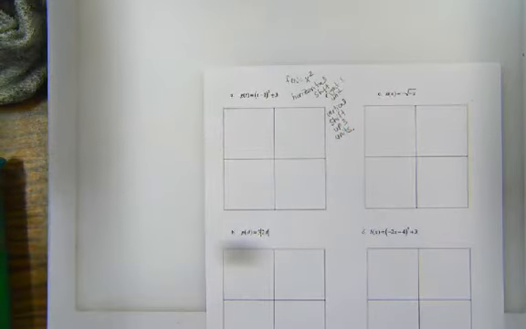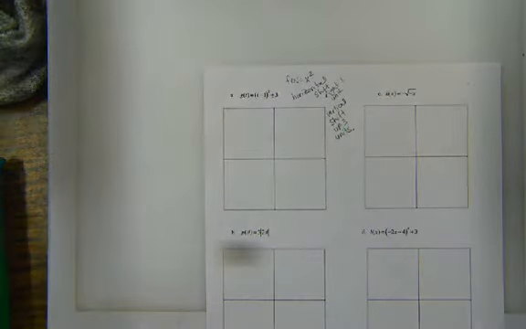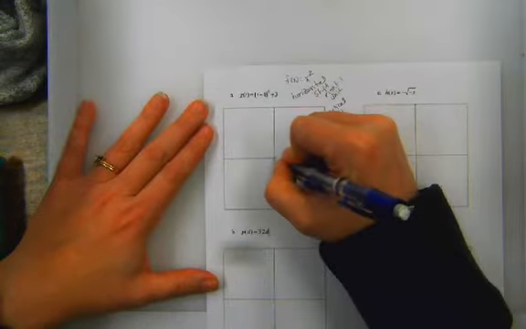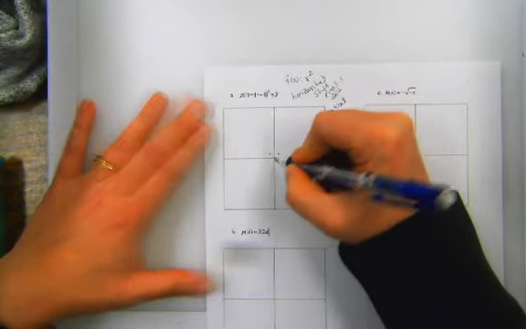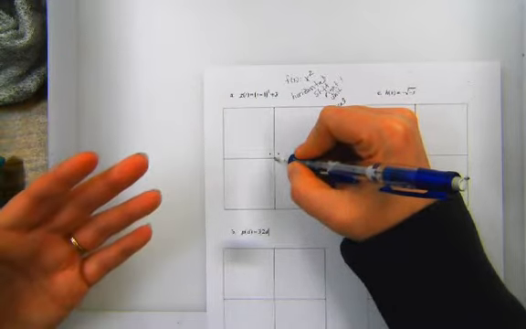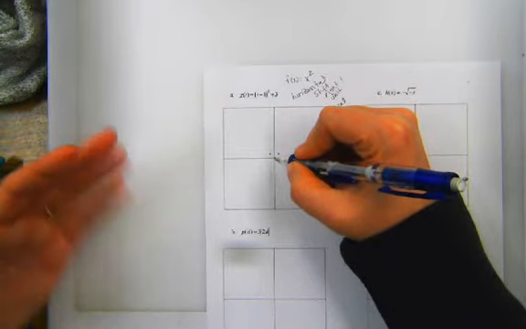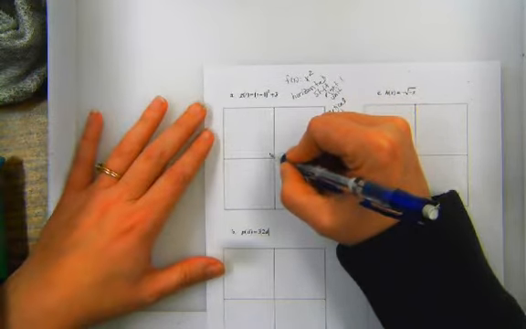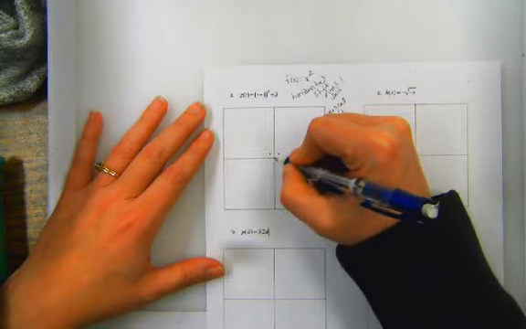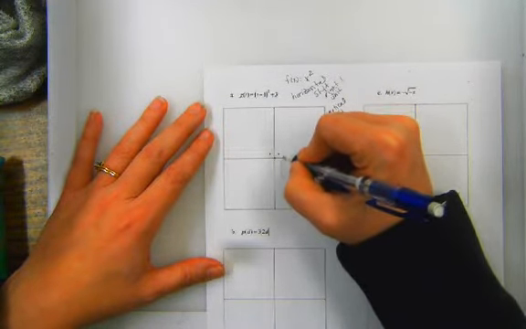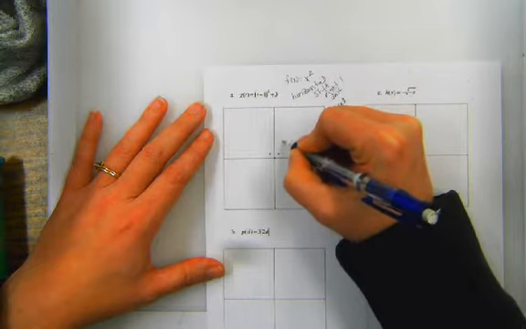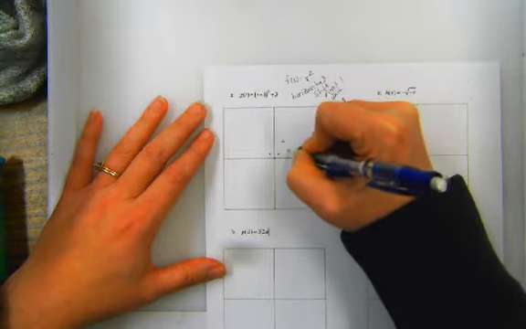An easy way of doing these shifts is to put the original parent function on your piece of paper. And that's why 1.4 asked you to really look at the parent functions and the library of functions, so you can easily graph this parent function as 0, 0, negative 1, 1, 1, 1, 2, 4, and 3, 9.